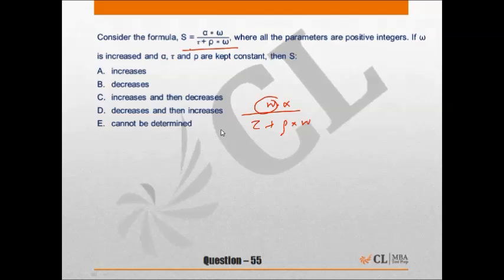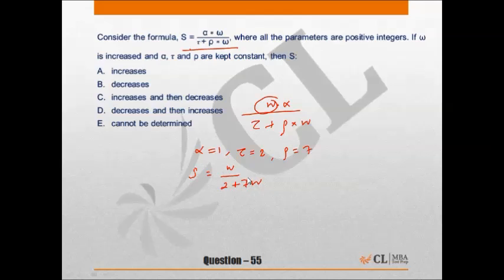So let's take the first method where we take the value of alpha as 1, tau as 2 and eta as 7. In this case the value of S comes out to be omega upon 2 plus 7 omega.